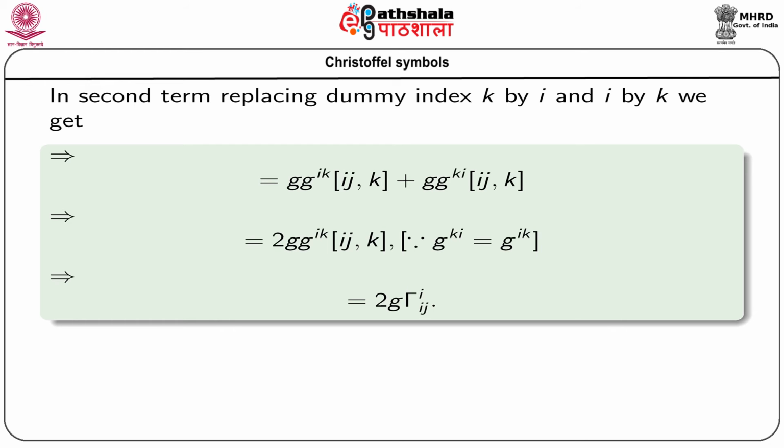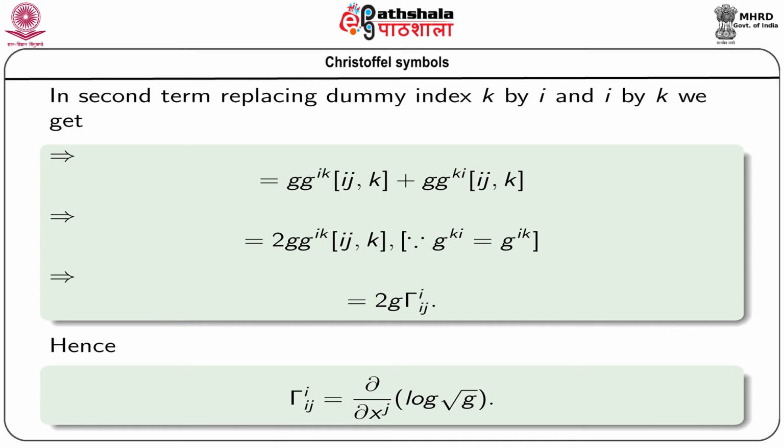So, we have Γ^i_{ij} equals to ∂/∂x^j log root g.